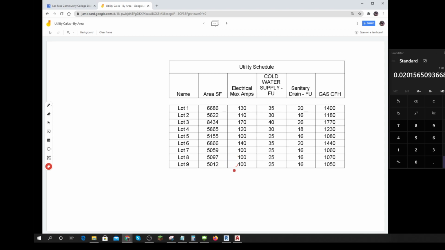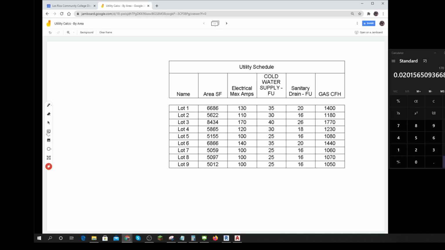All right, so let's take a look at it and see if we can come up with something. Again, I have an area, and I think it's going to be times something that gives me my max amps. That's what I'm going to guess, at least.